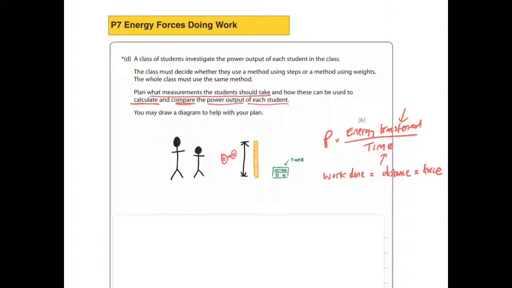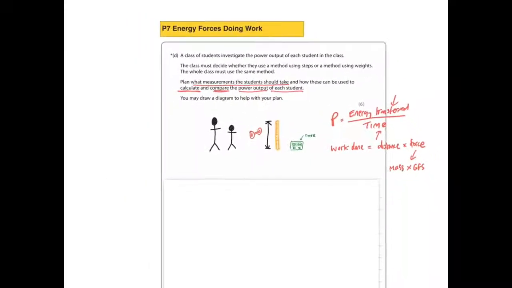Force, remember, is mass times gravitational field strength, or it would be if you're talking about weight anyway, and weight is a good force to look at here. So we're basically trying to find the weight of something, mass times gravitational field strength. There's quite a lot of things to tie in, but this is for top answers. You can still easily access this question to get a few marks.